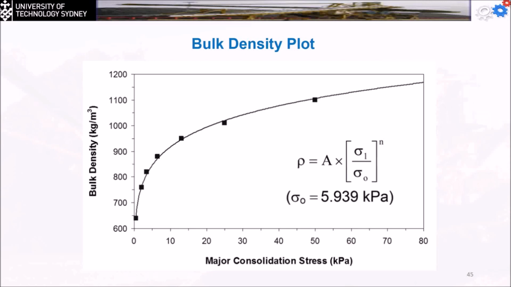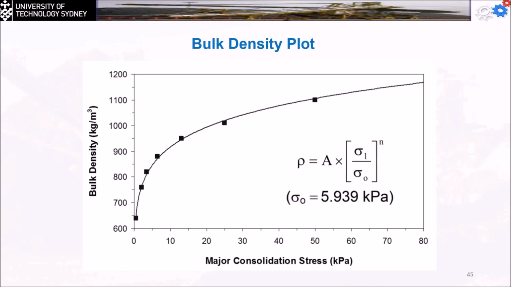You have this recording on UTS Online. I'll give you data. You start to do the sketching of this major consolidation stress against the bulk density, generate the curve, and get the equation. Because actually you're going to use something similar in assignment number 1, something we're going to discuss today.